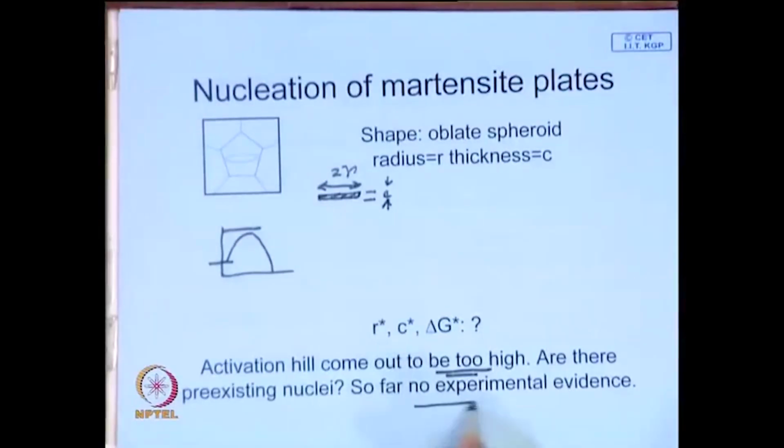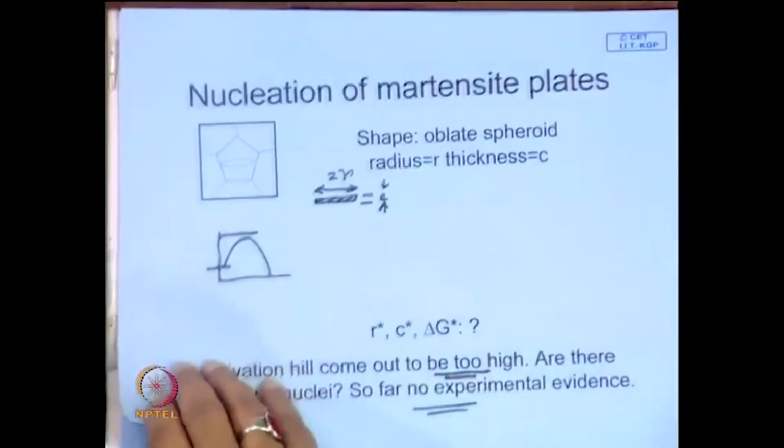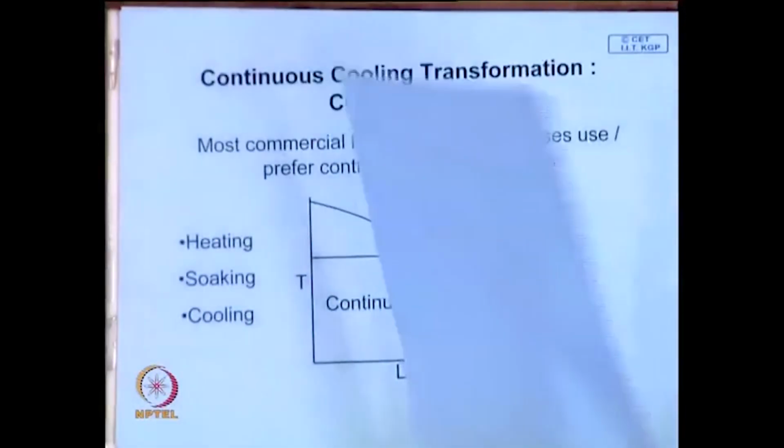Some people thought that possibly these nuclei are pre-existing, and that it is growth controlled, and the growth is very fast. But it is extremely difficult to prove experimentally. There is no experimental evidence of a pre-existing martensite nucleus.